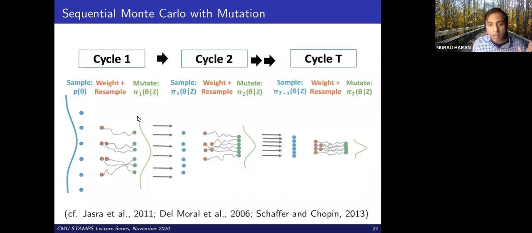You move from pi1, which is your first stage target distribution, and by this mutation and weighted resampling, you keep moving closer and closer towards pi t, and this is the one that's your target. And by doing it this way, you get Monte Carlo approximations with respect to this distribution, but you've also allowed this approach to be really massively parallelized, because each particle lives on a different processor.